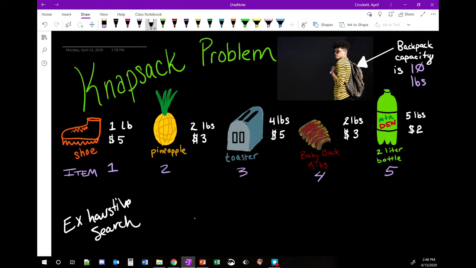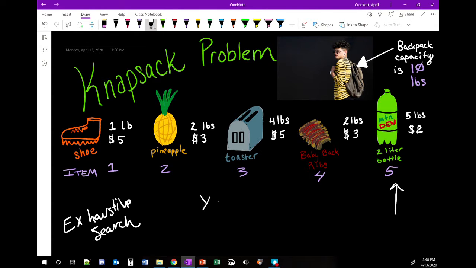With exhaustive search, what we would do is start with the end item. So I'm going to start with this 2-liter bottle, and I'm going to say, do I want to put it in the knapsack, yes or no?